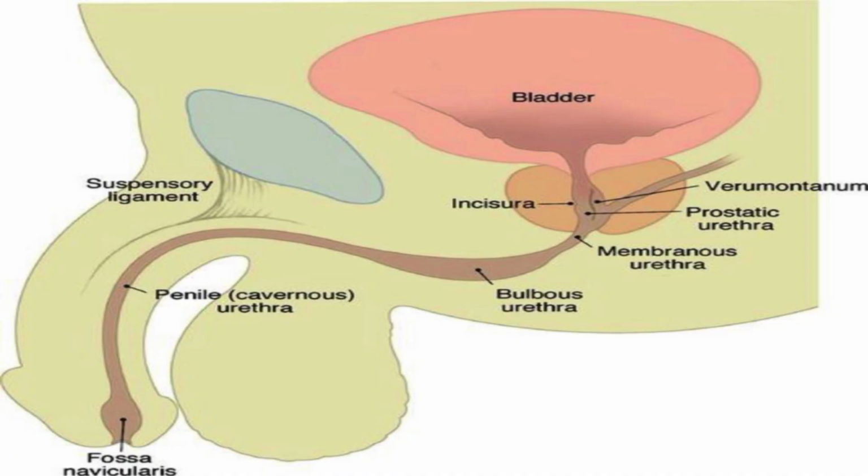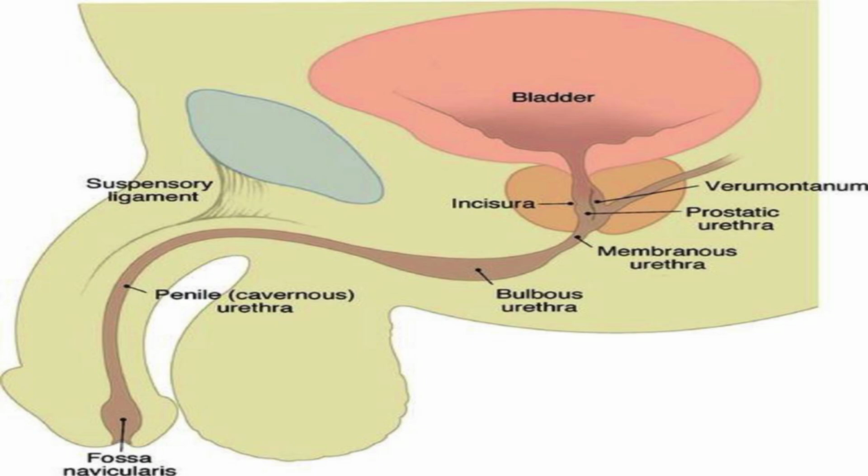This picture is showing the schematic diagram of the urethra. As you can clearly see, starting from the fossa navicularis, the first part is the penile urethra, which is the longest part of the urethra, then followed by the bulbar urethra.